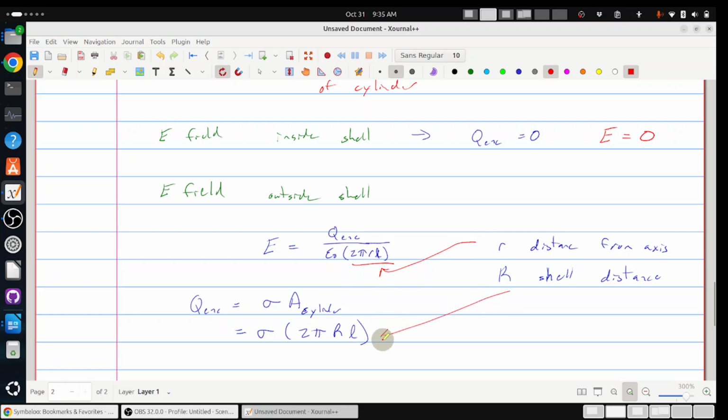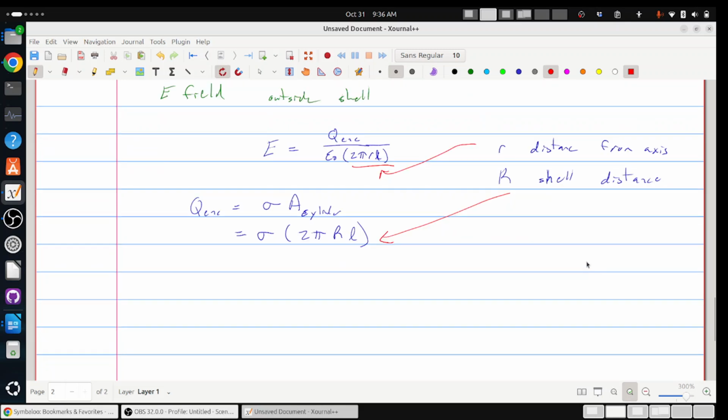This is the area of the charge. So we have a Gaussian cylindrical shell outside of a charged shell. And so putting this together, we're going to see that the electric field is going to be equal to sigma 2 pi capital R L over epsilon naught 2 pi little r L, which is going to mostly cancel out.